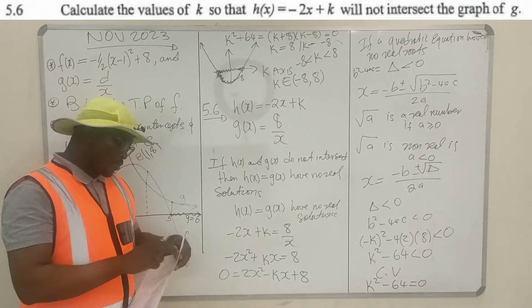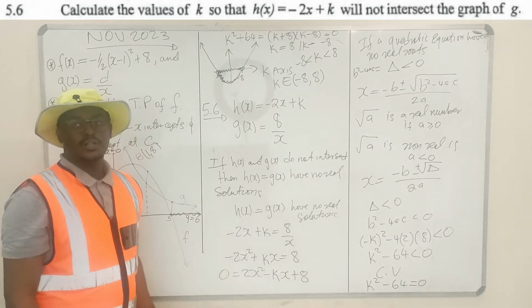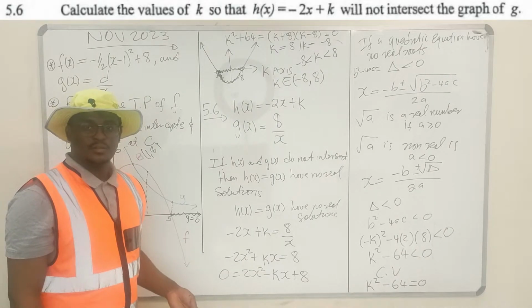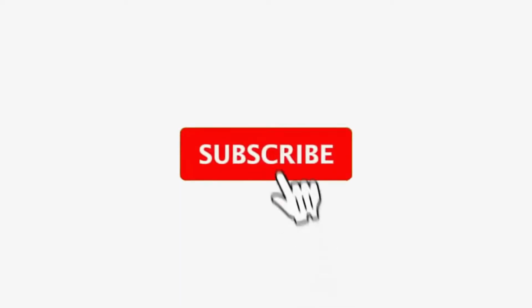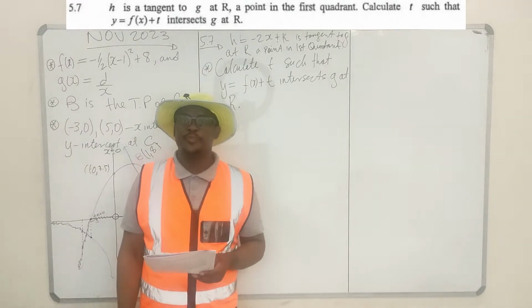So we're left with one question, which is 5.7. I'll clean the board and write 5.7. Cheers. So now we're doing 5.7.